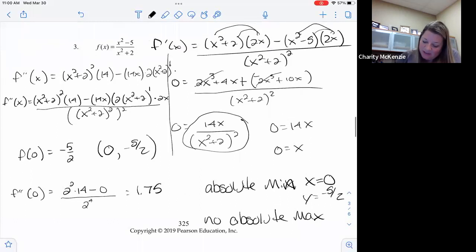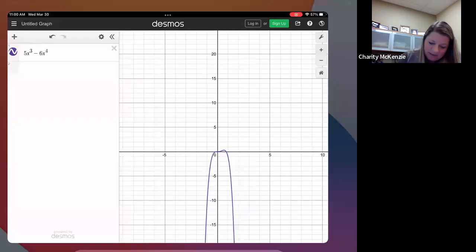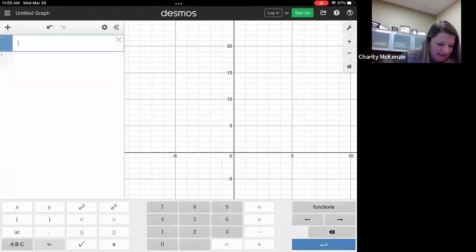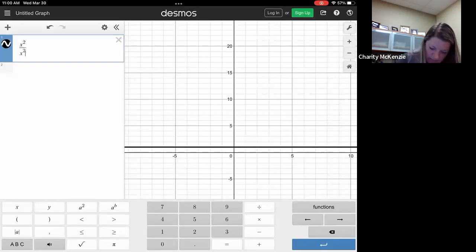Okay, let's take a quick look at the graph of this one, because I always think we should look at the graphs to see and relate them. This was a division, and we have x squared minus 5 on the, and I'll fix that. It was x squared plus 2 at the bottom, right? Yep, and then I gotta add the -5 up top.